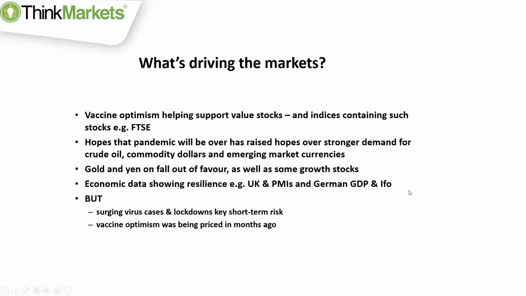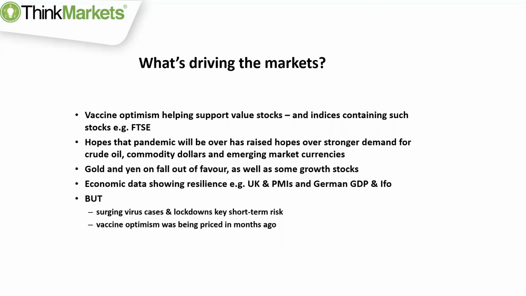So what's driving the markets? Well, investors are continuing to rotate into stocks that are more sensitive to economic growth after several vaccine candidates provided really good updates, which has raised hopes that hopefully we will be heading to more normal times in 2021.